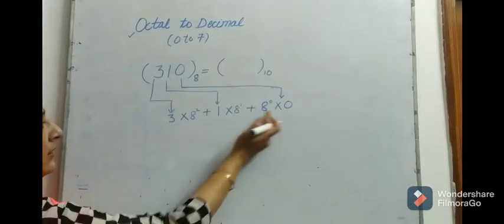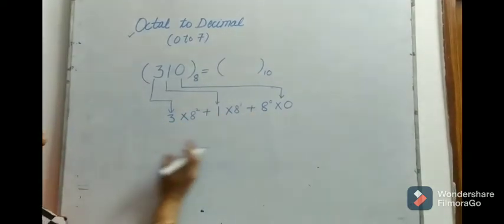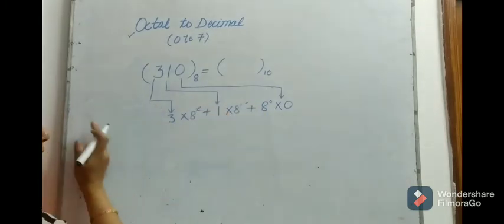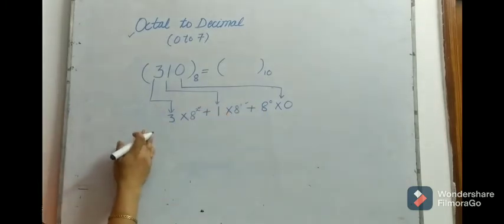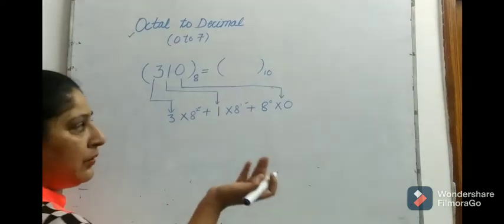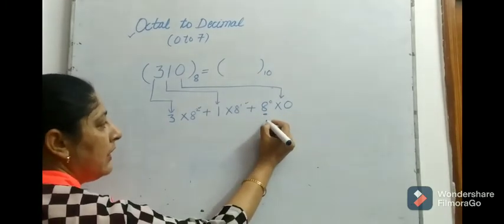We are increasing the powers from right to left. As we move from right to left, we increase the powers of 8. If we have a 4-digit number, the next power will be 8 to the power 3. If we have a 5-digit number, the next power will be 8 to the power 4, and so on.